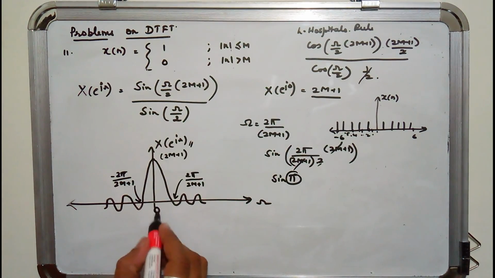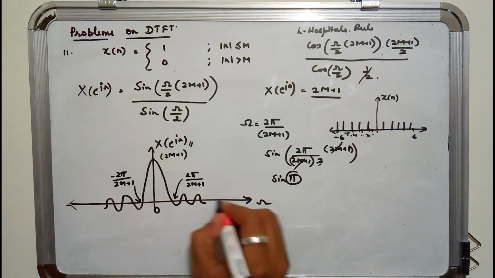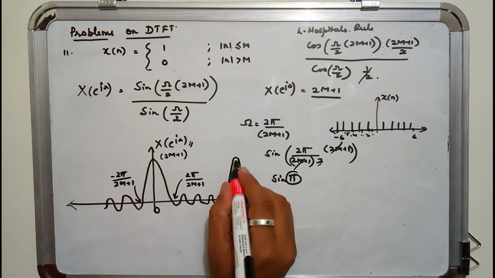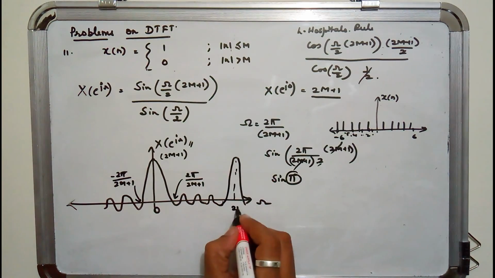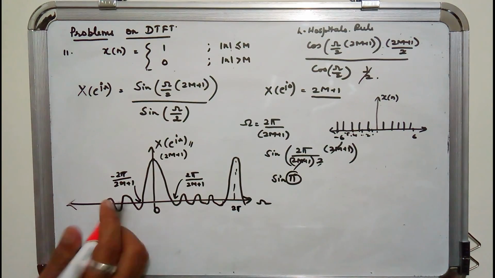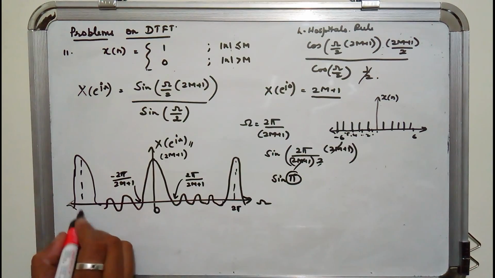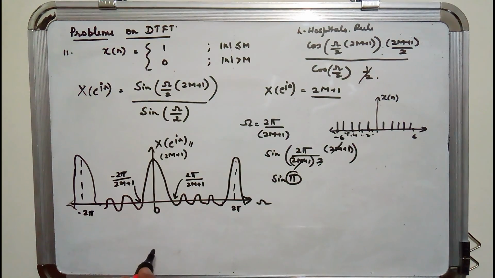So the sinc pulse which is present at 0 will have its amplitude again at 2 pi, and again to the left it will be a sinc pulse at minus 2 pi.